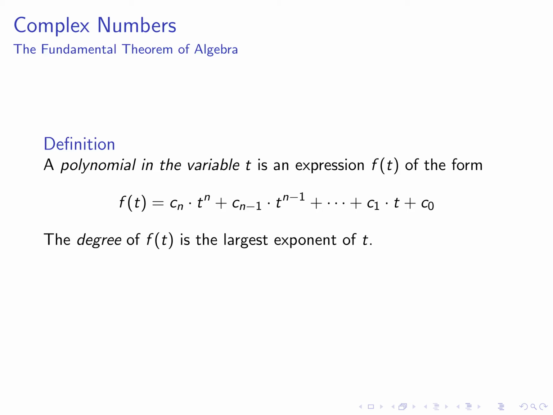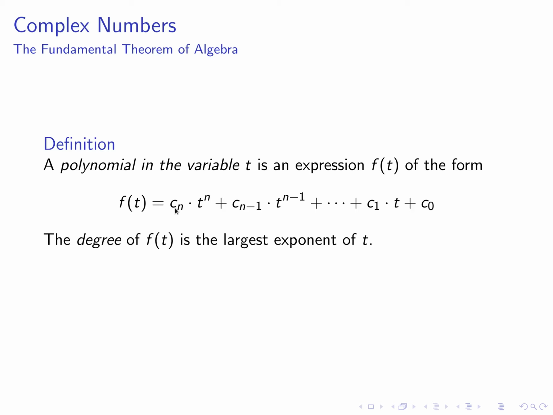So complex numbers play an important role in the theory of polynomials, and polynomials will be the fundamental tool we use to find the eigenvalues of a matrix. So let's do what I hope is maybe a mini review of some basic statements about polynomials. A polynomial in a variable t is an expression f of t of the following form.